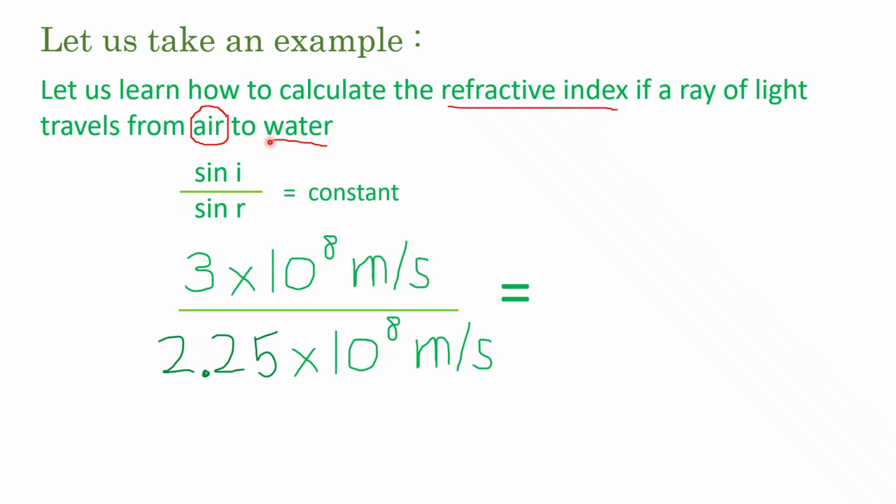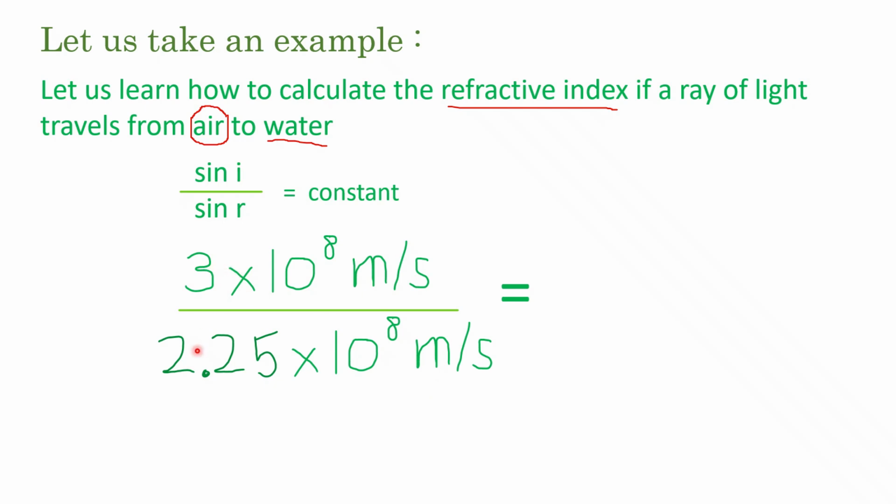So the refractive index that we are supposed to find is of water, but along with that they have given us air. So air is what we need to write on top, that is speed of light in air, speed of light in the first medium, to speed of light in the second medium, which is water, speed of light in water.